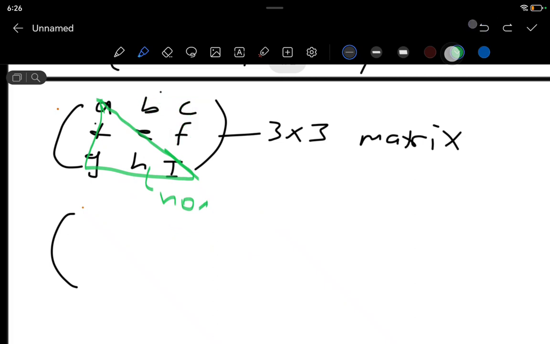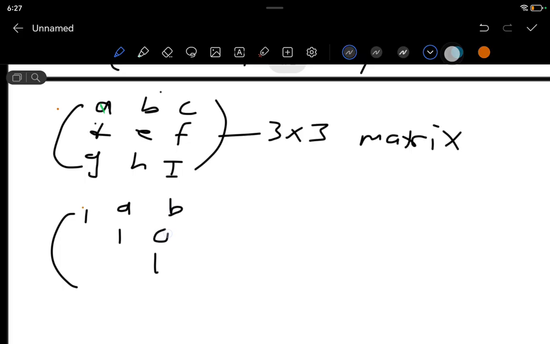So now when we talk about a matrix in row echelon form, we are saying that we need a 1, 1, 1. We don't care about this. This can be anything, right? So far we don't care about this. It can be anything, but these ones should be a 0.